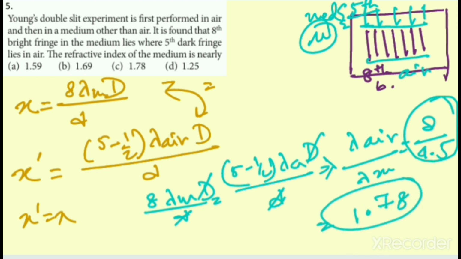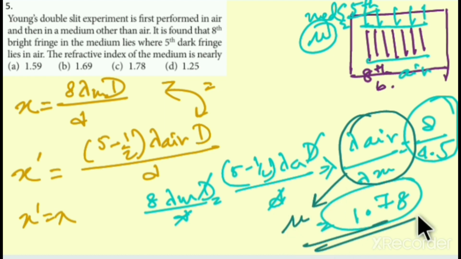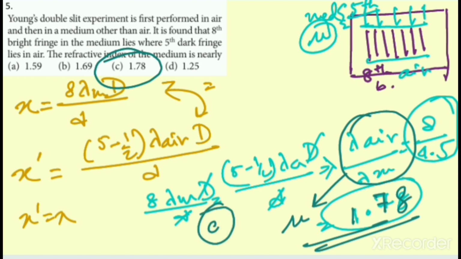As we know that the ratio of the two wavelengths in a medium is equal to the refractive index of that medium, so we can say that 1.78 is the refractive index of that medium, and option C will be our correct answer.